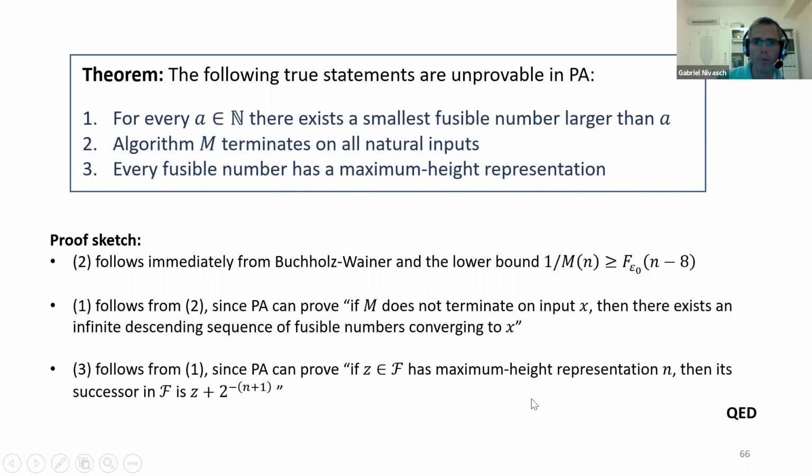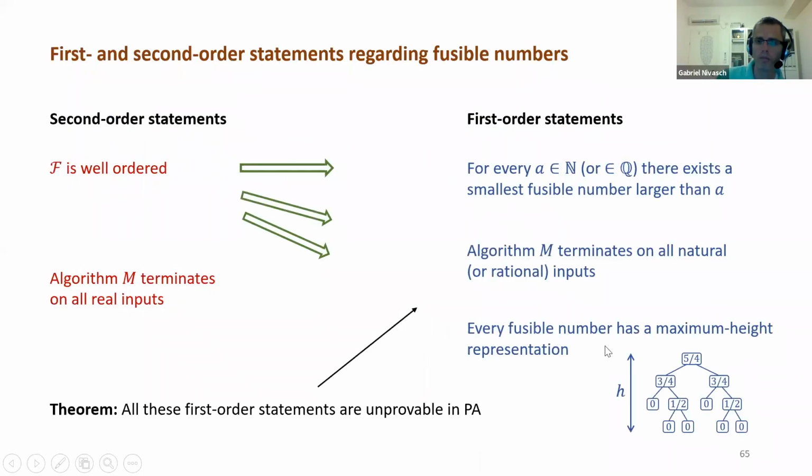We know that every fusible number has a maximum height representation. The reason is that if a fusible number has a representation of height n, then... Excuse me, you didn't actually define what a height is, right? Yeah, sorry. So here's a definition by picture.